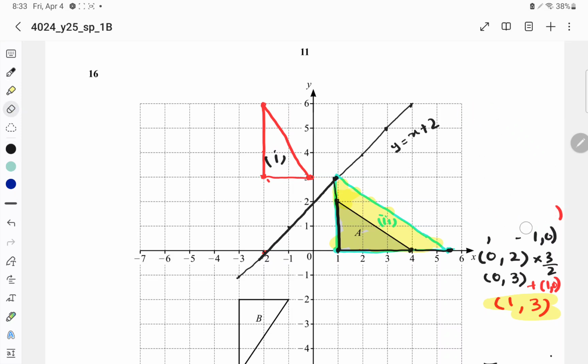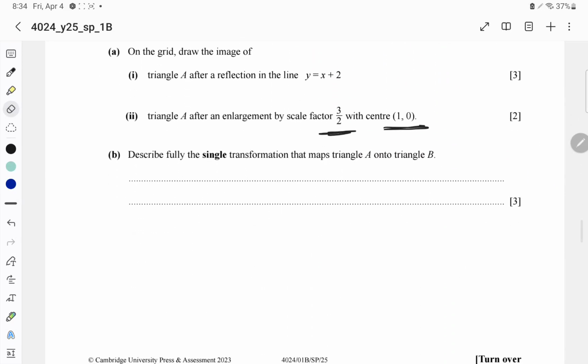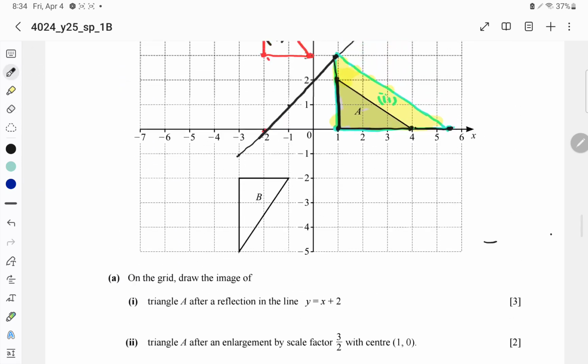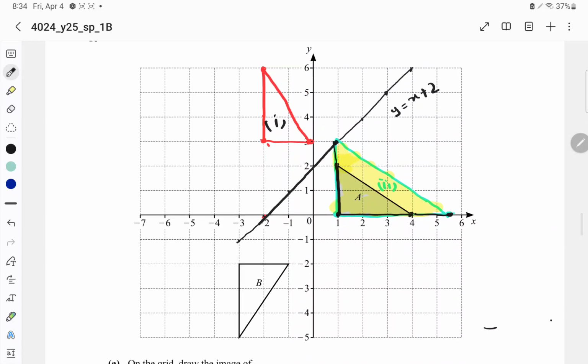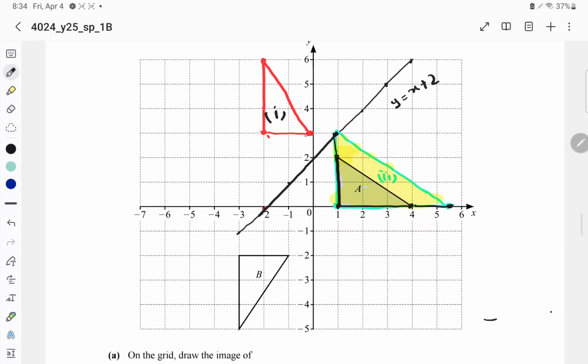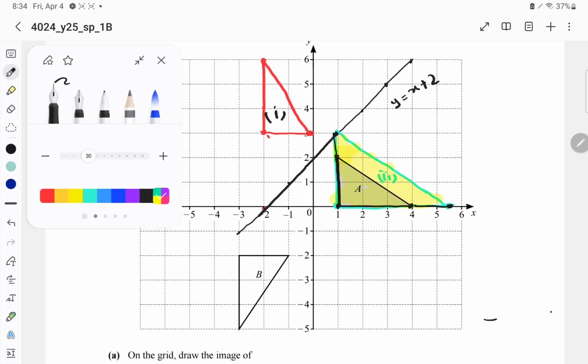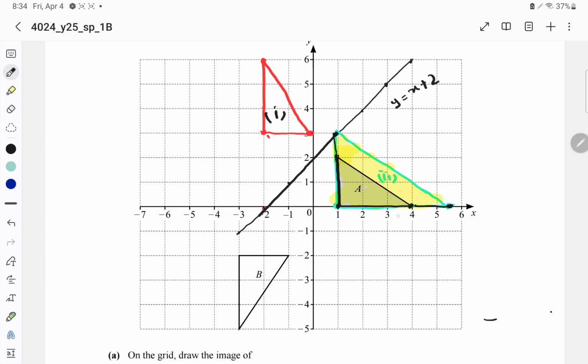Now we are coming to the next part. For the next part, describe fully the single transformation that maps triangle A onto B. Whenever we check A and B, they are not parallel. For example, this is this line, and this one is this line.